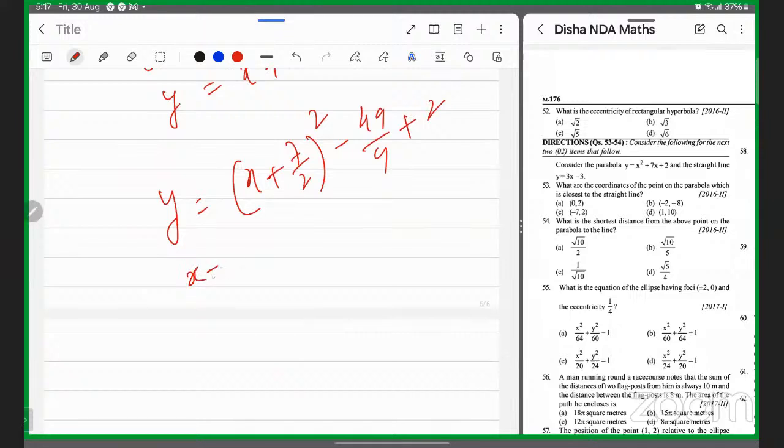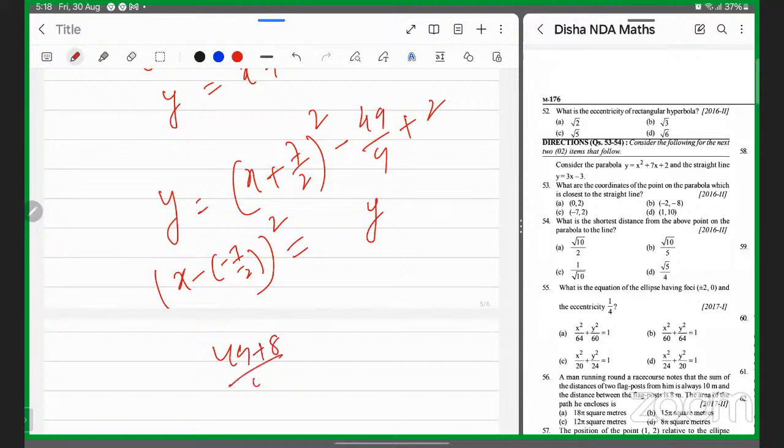Now x plus 7 by 2 whole square is equal to y plus 49 by 4 minus 8, which is 41 by 4. Taking this side, this will be plus, so how I will treat it: minus 41 upon 4. Any problem?